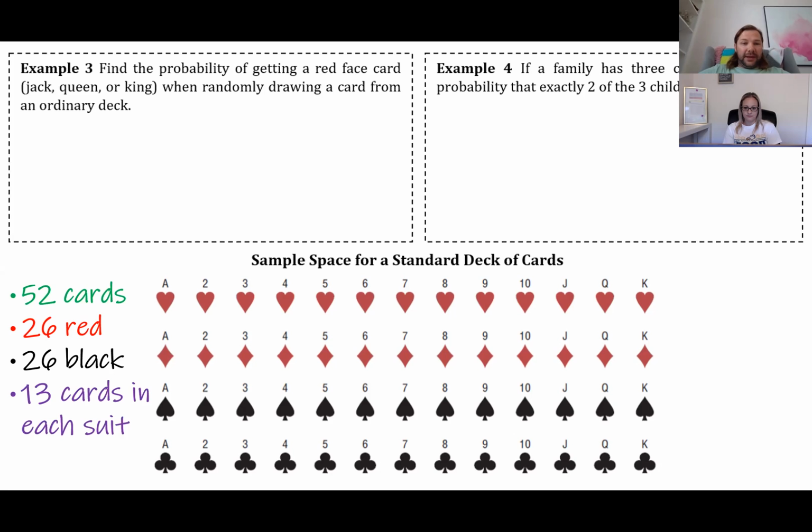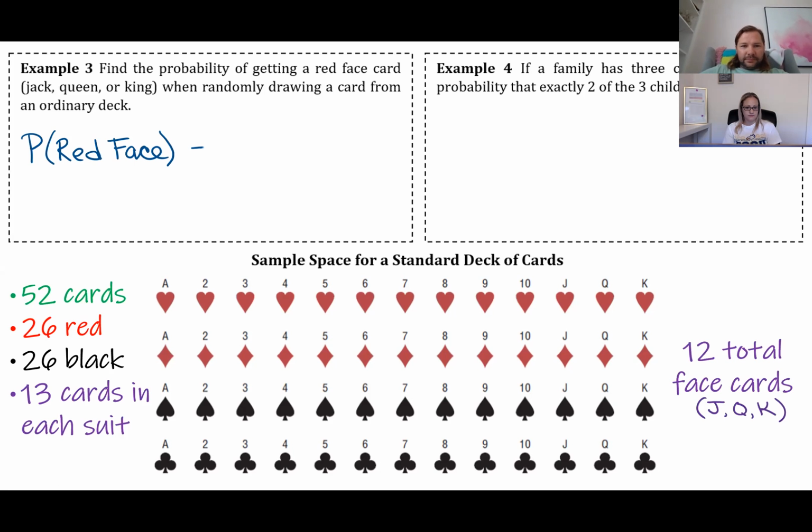Okay, so again, red card, jack, queen, or king. Well, one way to do this is we could just say, okay, there are 3 hearts and there are 3 diamonds that are face cards. So that's 6 total out of 52. And so again, there are 6 total red face cards.